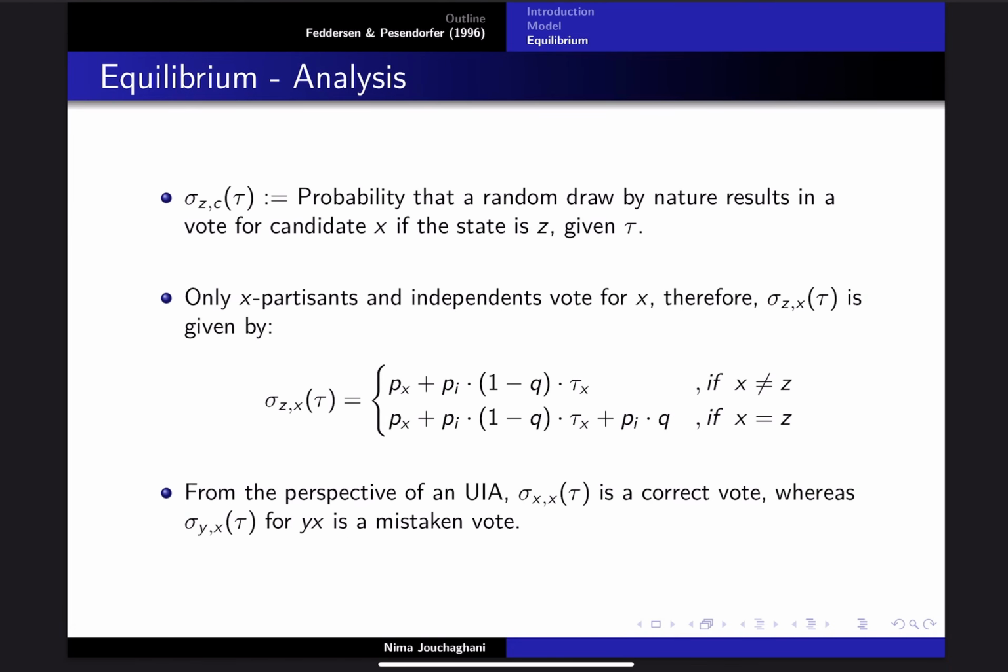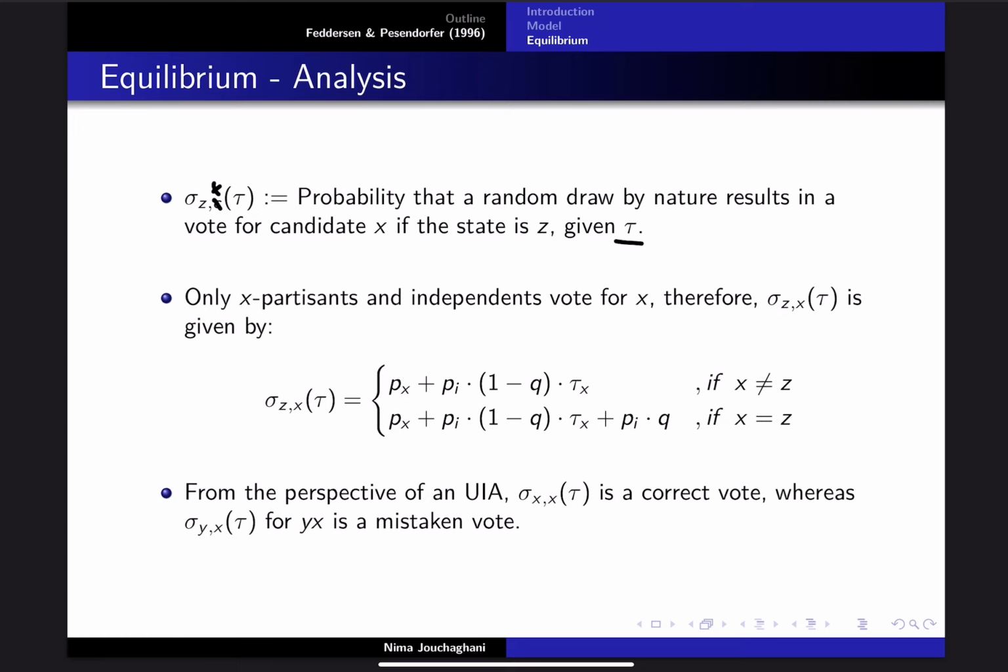So let us introduce some further notation, which we will need in order to describe the equilibrium. Sigma Zx of tau is the probability that a random draw by nature results in a vote for candidate X if the state is Z, given the strategy profile tau.